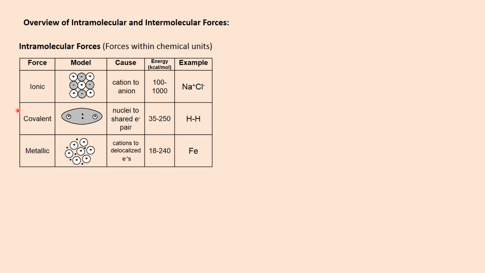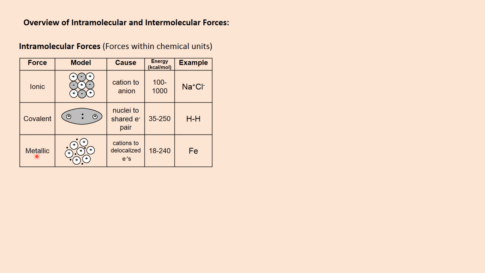Next on the list we have covalent intramolecular forces, as occur in covalent molecules like hydrogen or HCl, in which nuclei are attracted to the shared electron pairs, the bonding electrons. And the bond strength ranges from 35 to 250 kcals per mole.